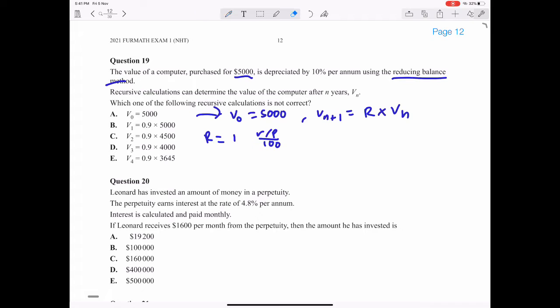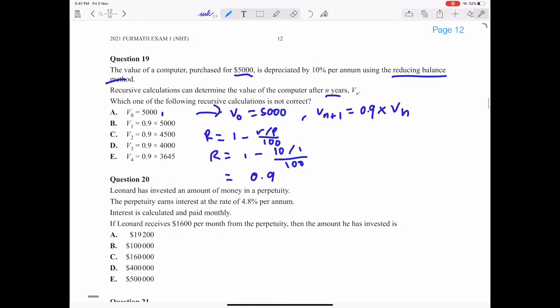We'll just substitute the values in the equation. So 1 minus 10% per annum, so you write 10, and the compounding period is 1 because it's calculated annually, so on 1 on 100. Do that in your calculator, you'll get 0.9, so therefore we know the value of R is 0.9. So now we can determine which one of the following recursive calculations is not correct.